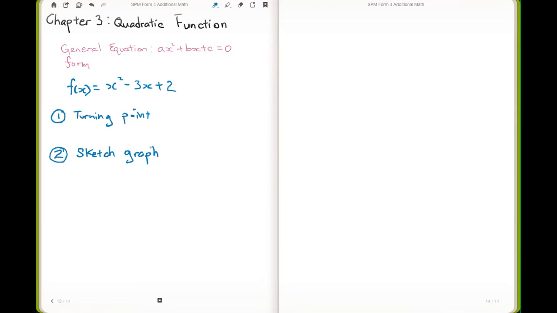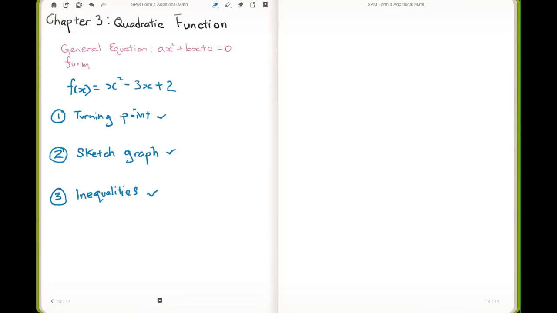And lastly, the range of values, or you call it quadratic inequalities. Three things you can do: turning point, graph sketching, and inequalities.